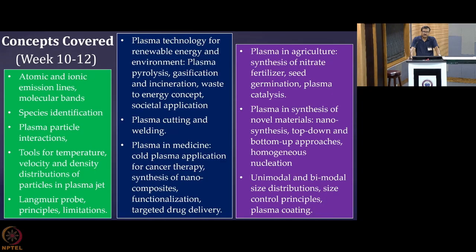Then we have covered the plasma technology areas for renewable energy and environment: plasma pyrolysis, gasification, incineration, waste to energy concepts, and societal applications. Then some industrial applications like plasma cutting, welding.